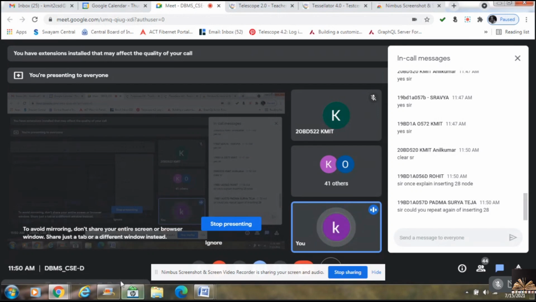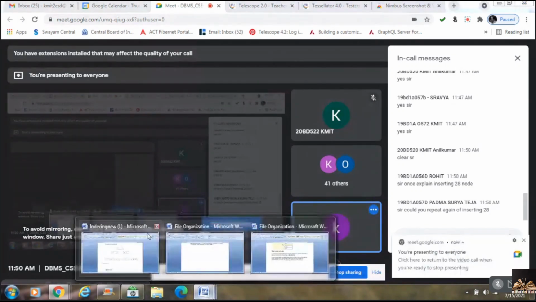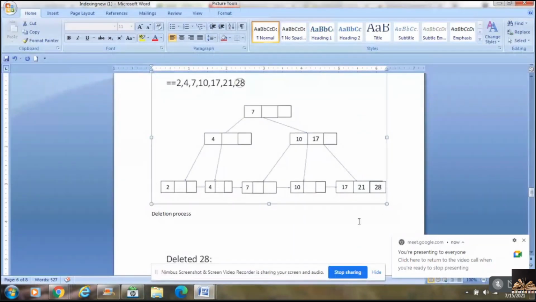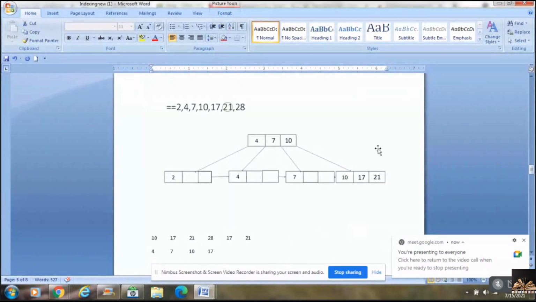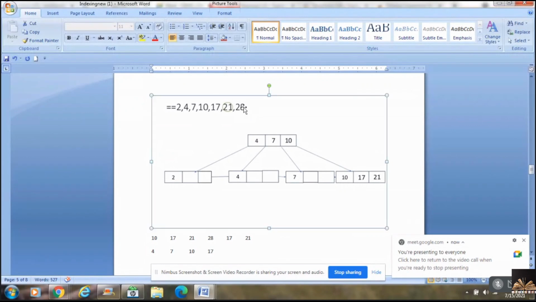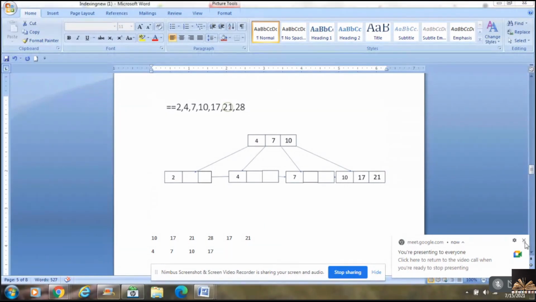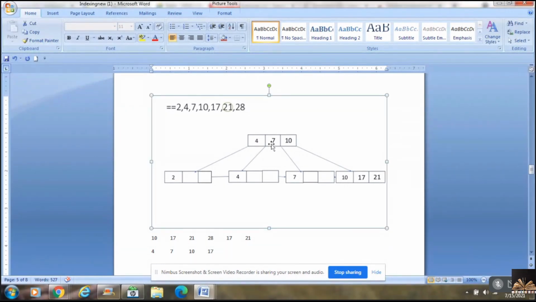Inserting 28, fine. While I'm trying to insert 28, this is the last element that needs to be inserted. Now 28 comes after 21. Looking at the B plus tree, I can directly say it comes after 21, since it is greater than 10.